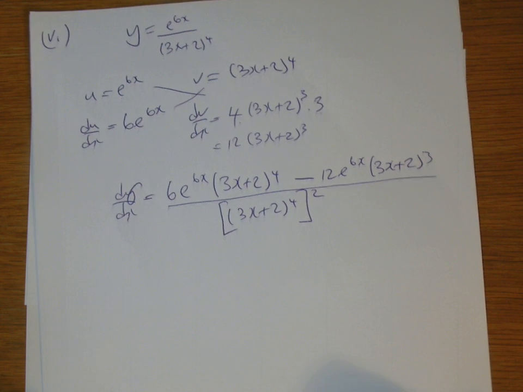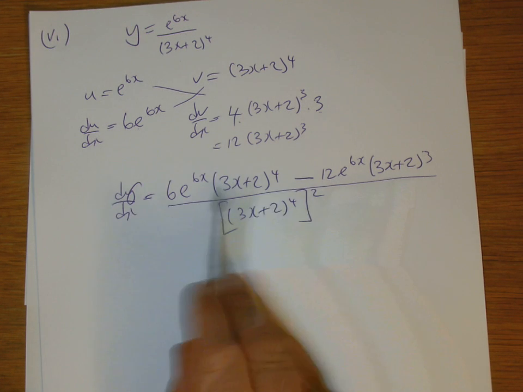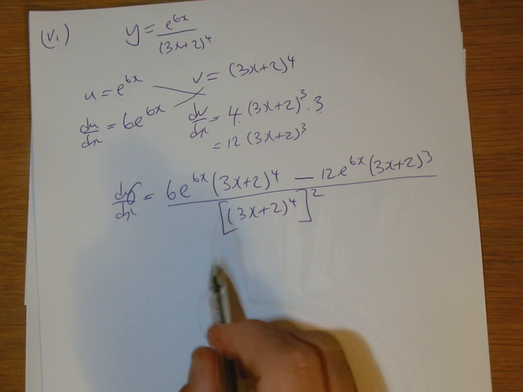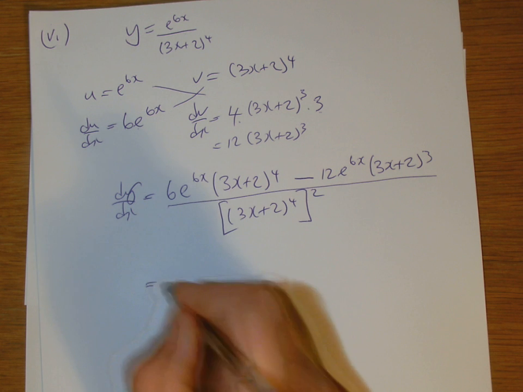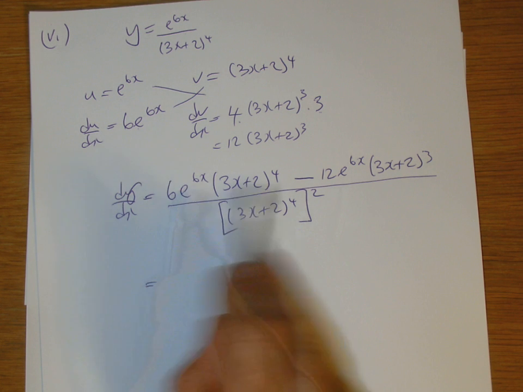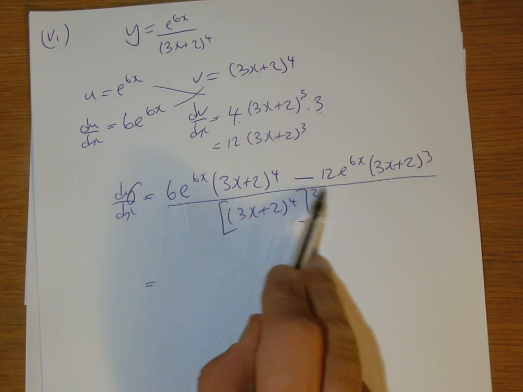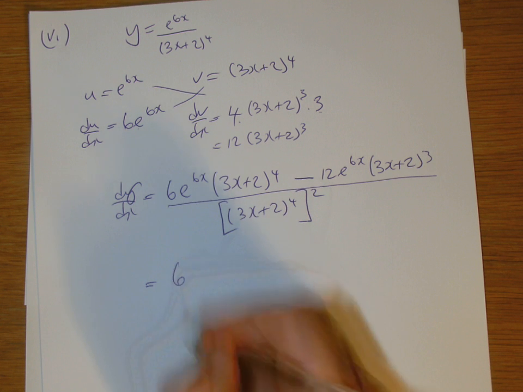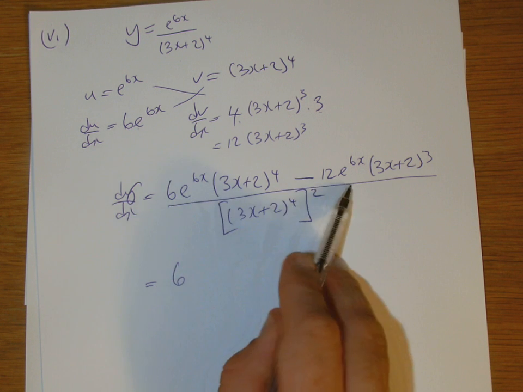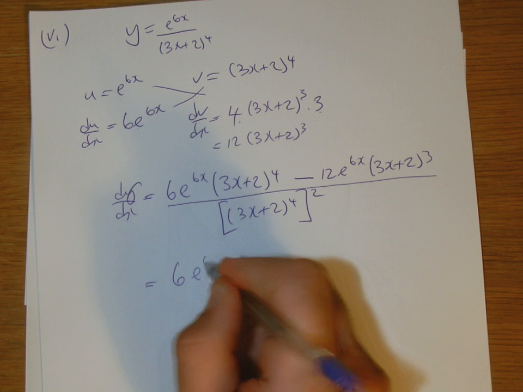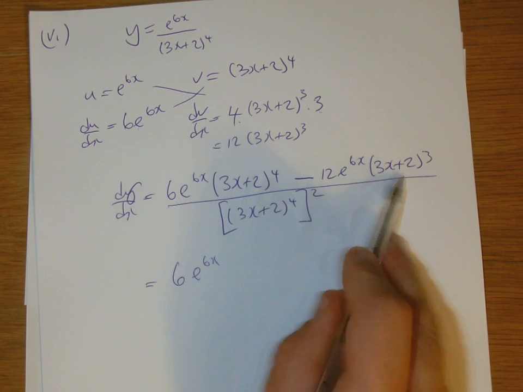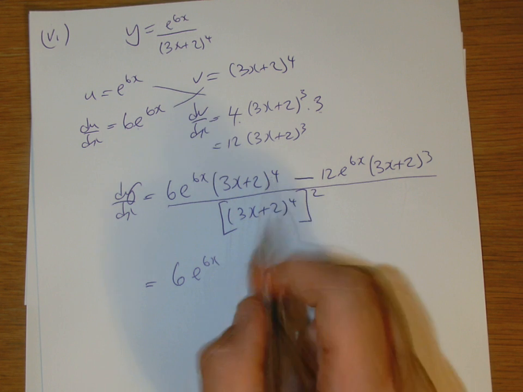Now on the top there, what we need to do now is try and simplify this. The best way is just to factorize. If you notice, there's common factors here. 6, for instance, you've got 6 here, and you've got 12 there, so 6 is a common factor. e to the 6x is common to both. And also notice the bracket is common to both, 3x plus 2.